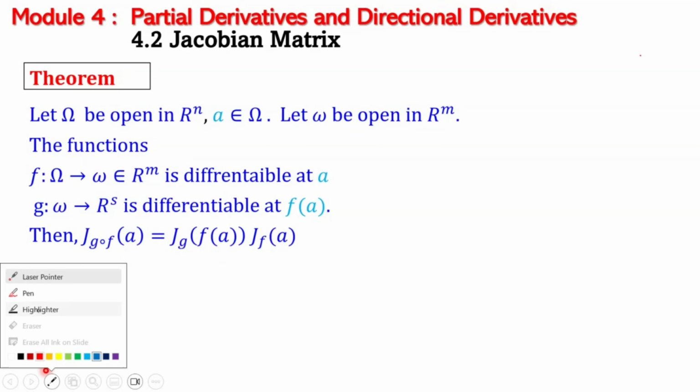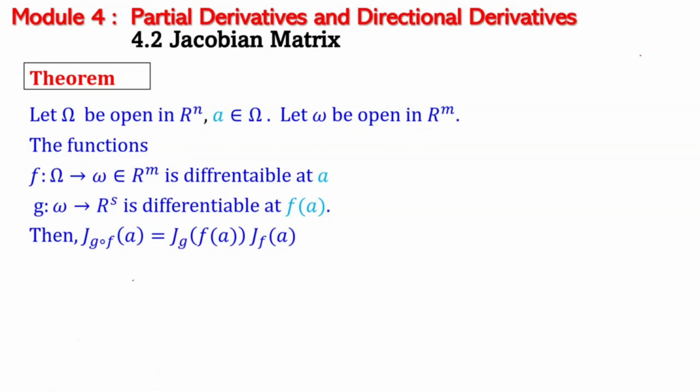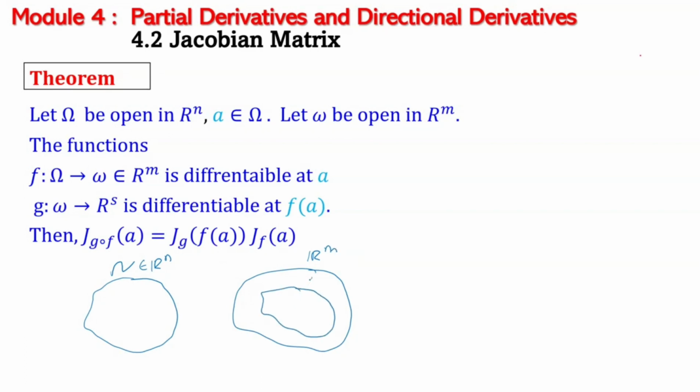So if we draw a Venn diagram, you have here the set Ω, which is in Rn, then there is a set small ω in Rm, and then from ω to Rs.